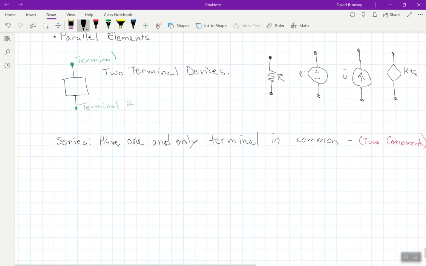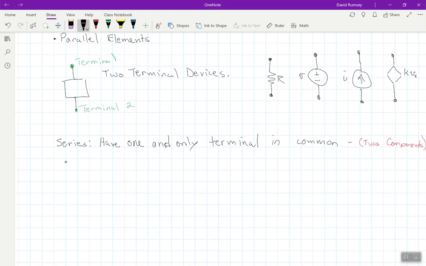So let's look at an example here. A simple circuit. We'll have 3 resistors. I'm not putting any values down because we're not doing any circuit analysis, and a voltage source.